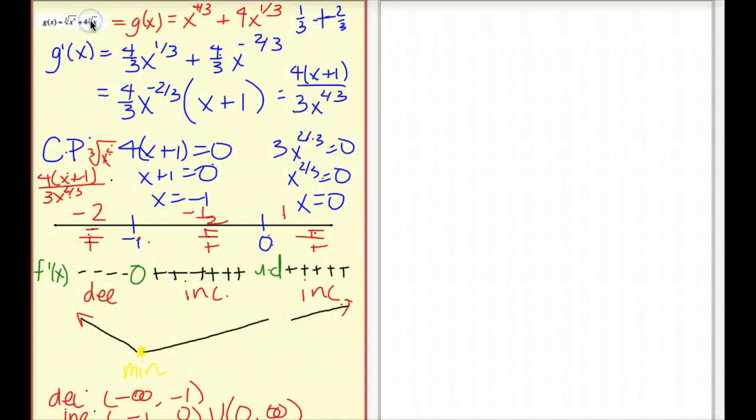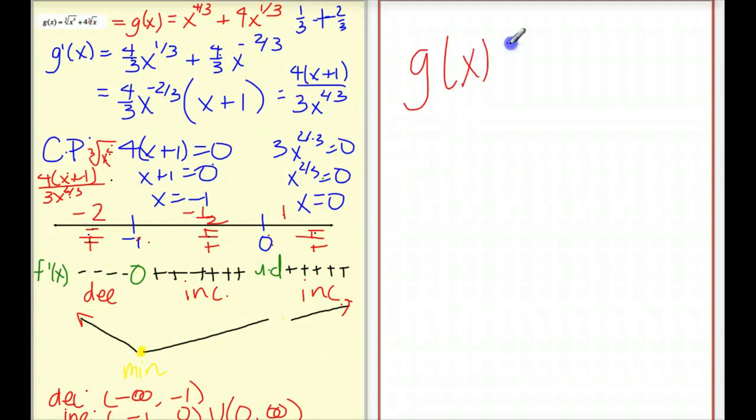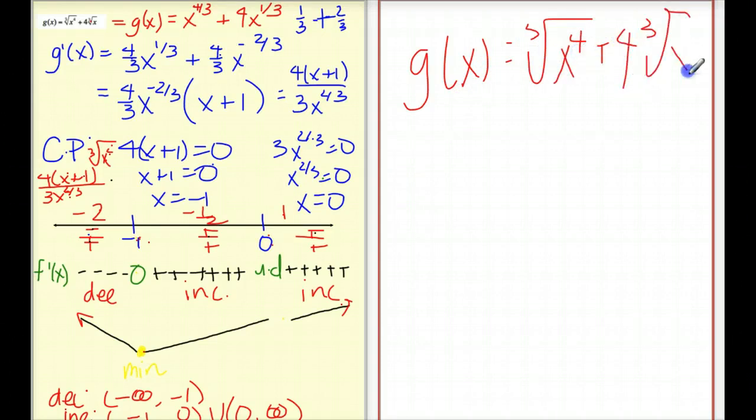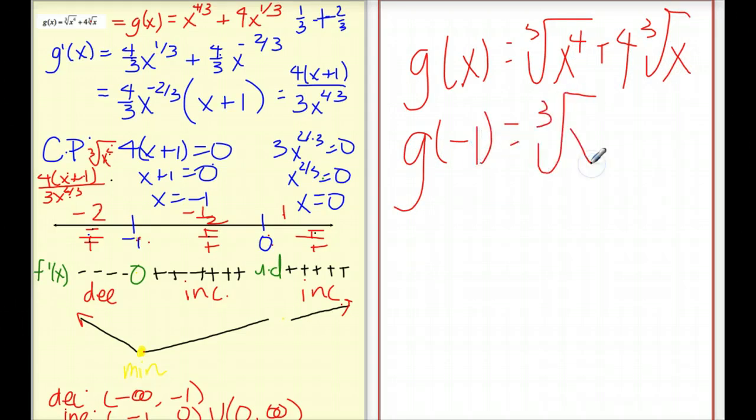my original equation says g of x is equal to the cube root of x to the 4th plus 4 cube root of x. If I plug in -1, I get the cube root of (-1) to the 4th plus 4 cube root of -1.